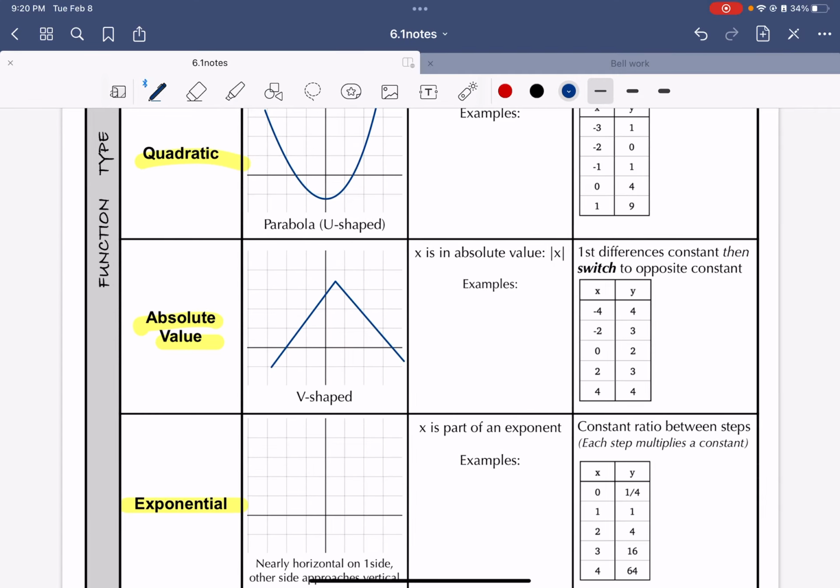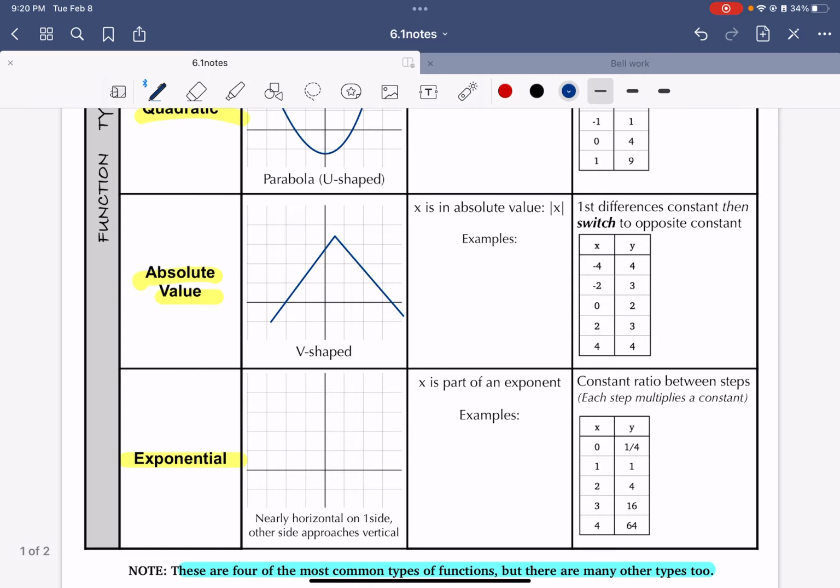And last but not least, this one might be new to you, exponential functions. So an exponential function, it says they're nearly horizontal on one side, and on the other side they approach vertical. So what that means is on one side, one side of our y-axis, they're almost flat, and then as they get close to the y-axis they start to go up, and then they go up pretty steep.